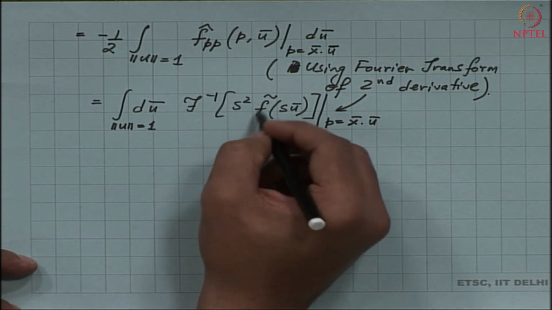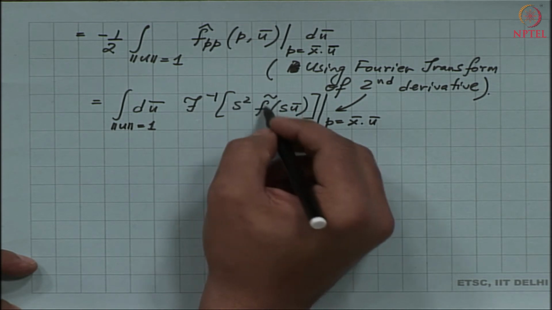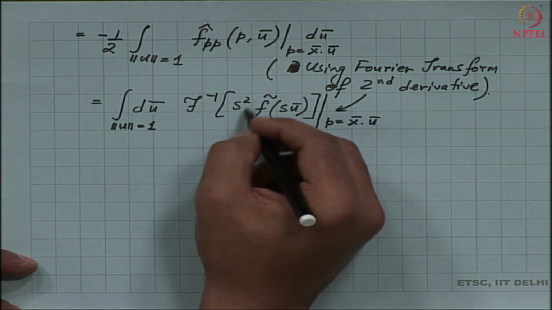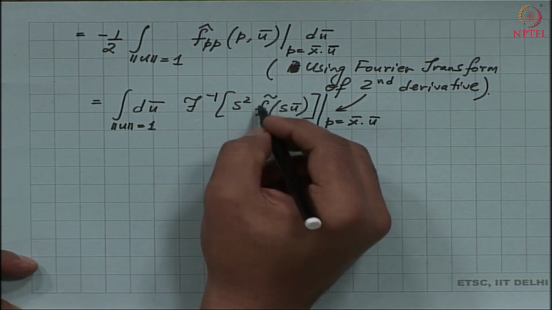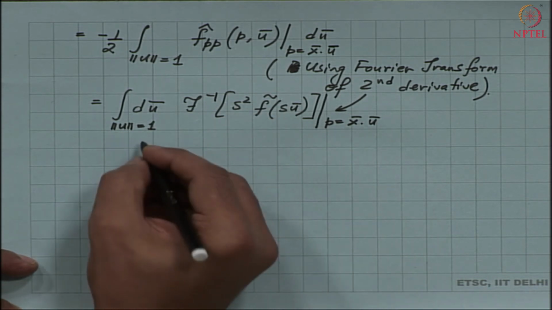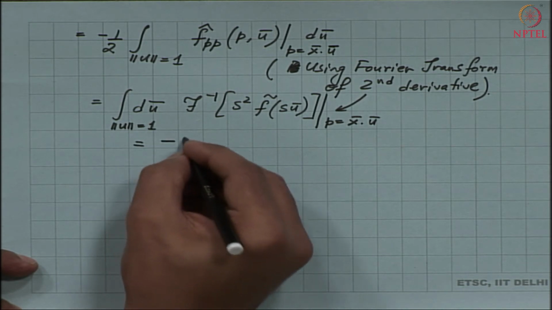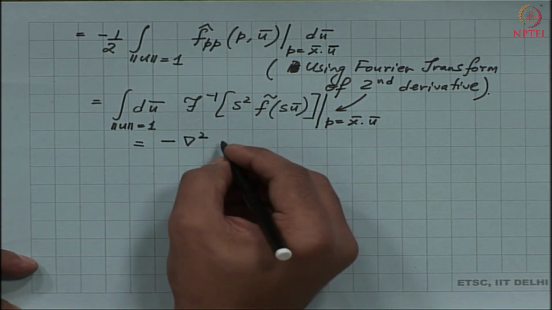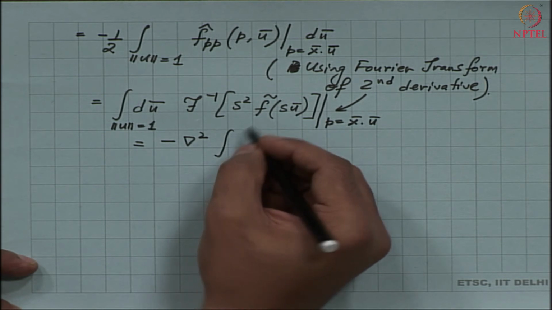So, notice that this s squared is corresponding, the corresponding fact that we have an s squared in the transformed plane means that we have a second derivative with respect to all the coordinates x, y, z in the physical plane. So, this means that this is also equal to the negative del squared of this Radon transform.